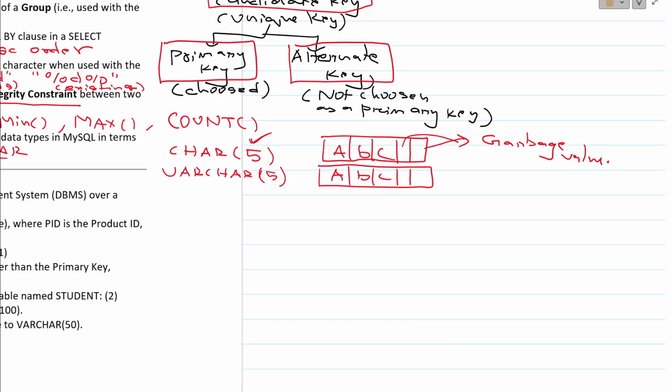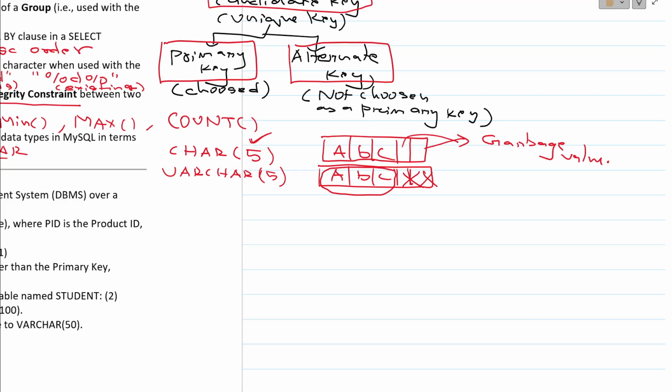But if you are using VARCHAR and you have written 5, and you have only stored 3, then as you are not storing anything in the other 2 places, these 2 will be discarded from the memory. So the memory consumed is only for ABC, whatever you have given.